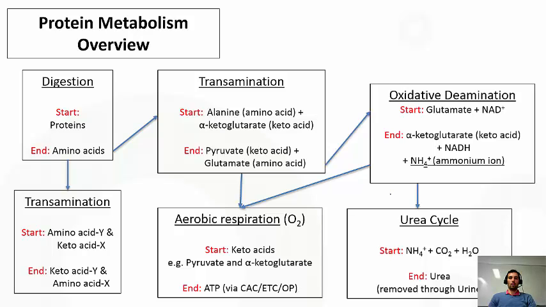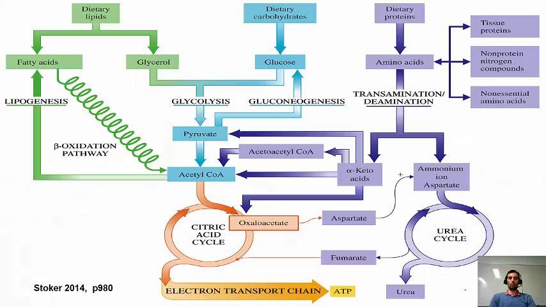But we do need to understand the fact that we need the transamination reactions to move the amino group onto glutamate, which is then used in other reactions like oxidative deamination to create the ammonium ion, which feeds into the urea cycle. And ultimately, we're creating our urea, which we can remove through the urine. So that completes the puzzle of our metabolism.